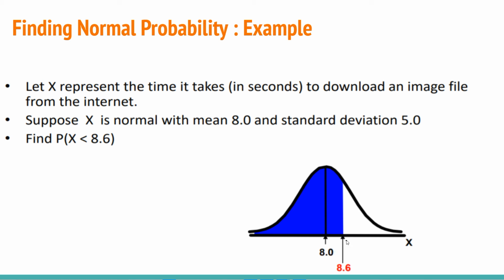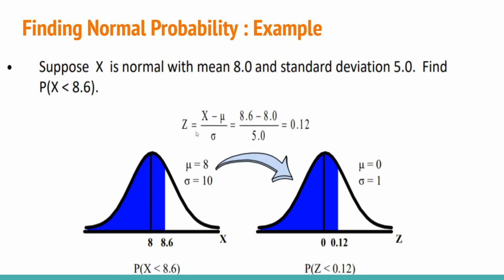Look at this 8.6. This shows that we are talking about the left tail. So we have to calculate the probability of this particular region, and for this we have to calculate the z value, and then compute the p value. So z is (8.6 minus 8.0) upon 5.0, which is about 0.12.